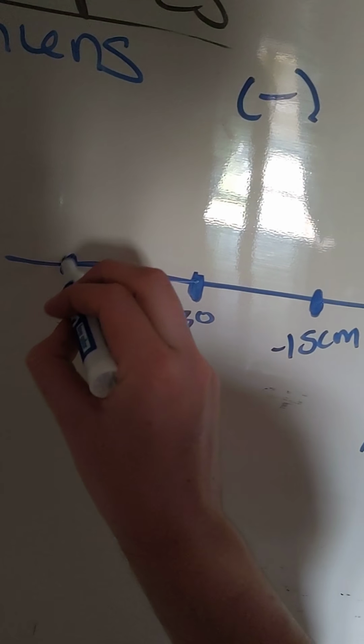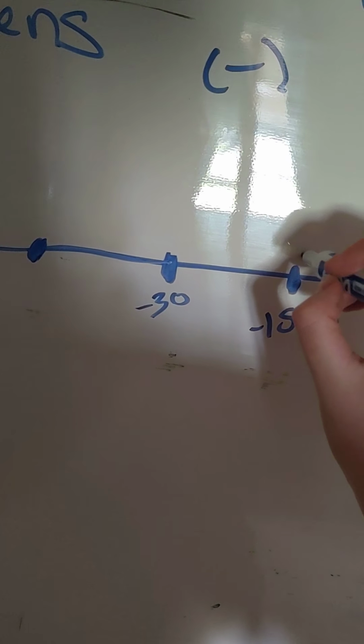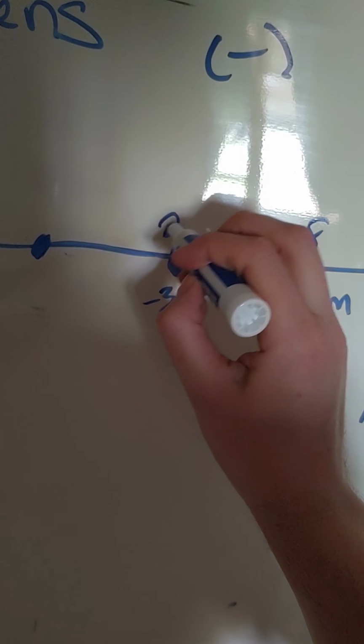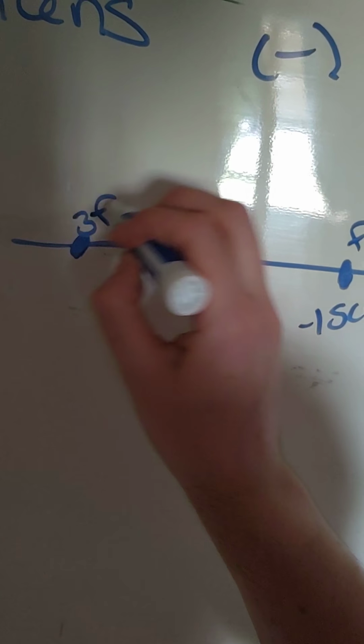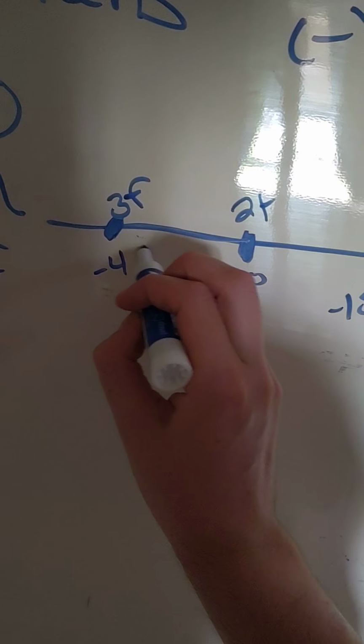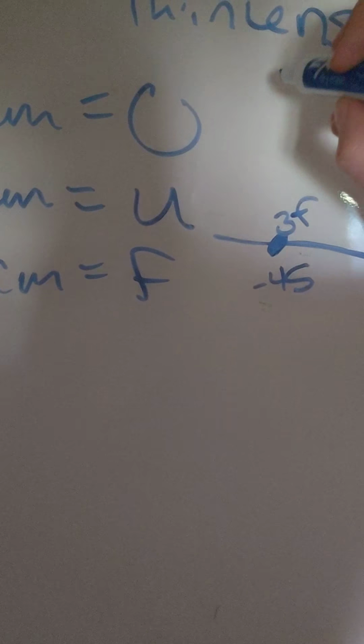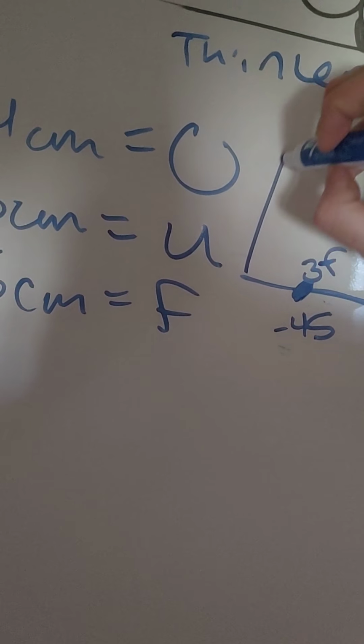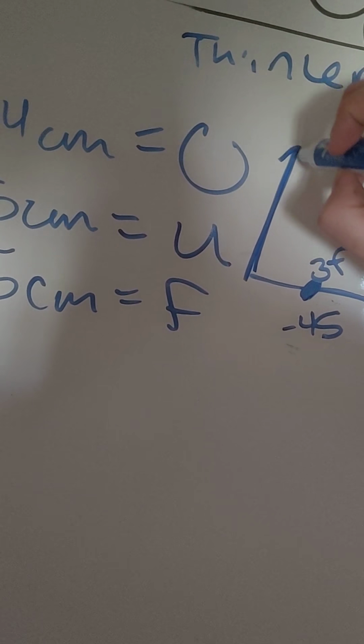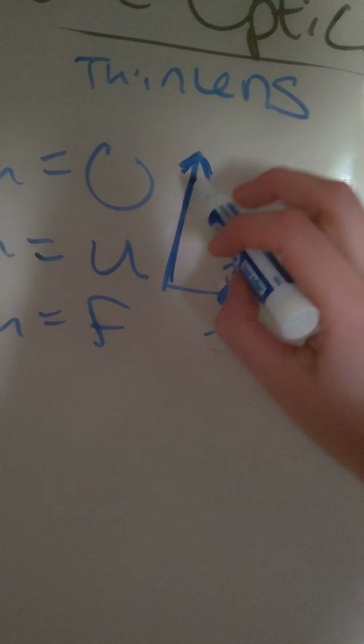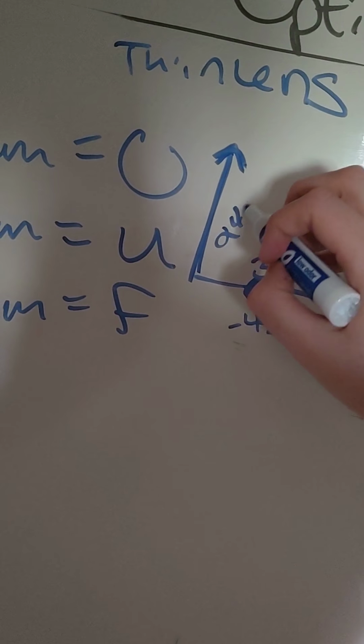Here's the third: F, 2F, 3F. This is going to be minus 45. And so this object is all the way out here, before that fourth focal length. There's our object. It's 24 centimeters tall.